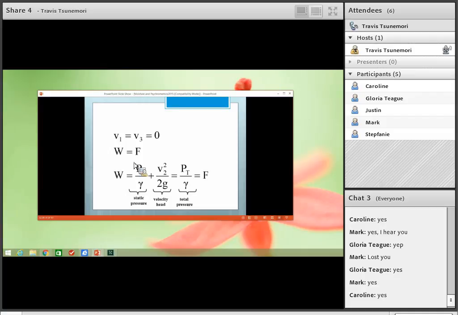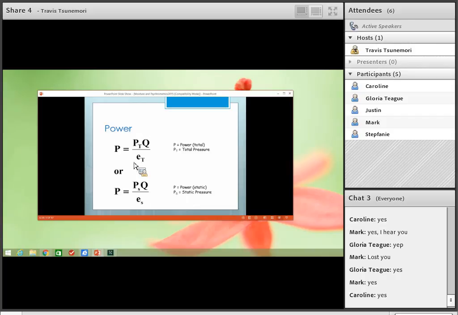And the work for a fan is going to be the static pressure plus the velocity head, which is going to equal the total pressure in the system, which has to equal F, the friction loss through the system. So Bernoulli's theorem looks a little different when we're talking about fans and air. And then if we want to know about power, there are 2 different measurements for power in air systems.